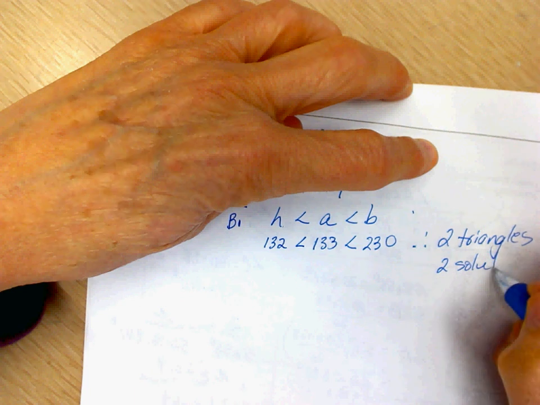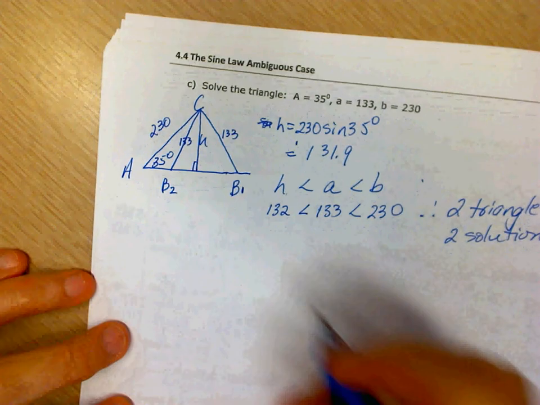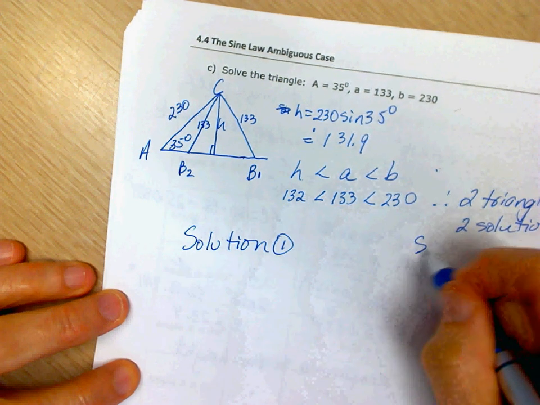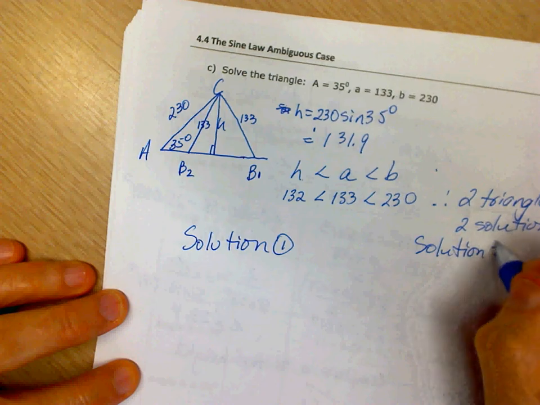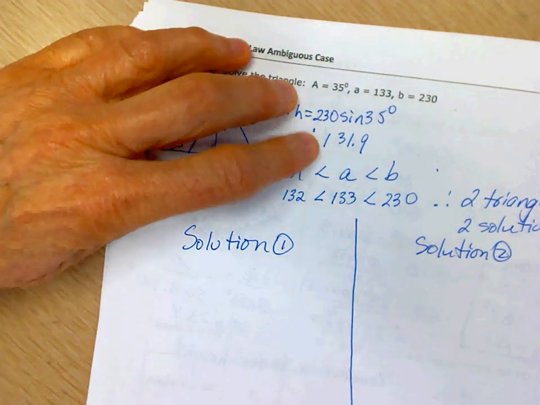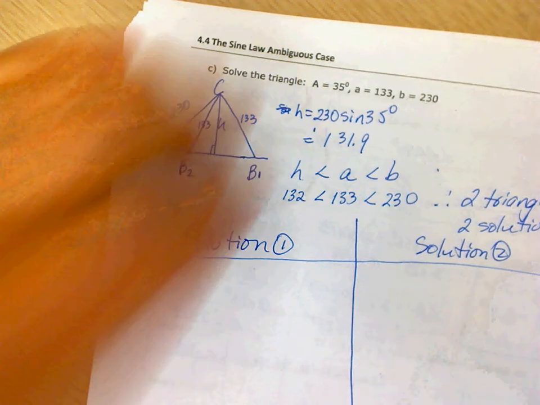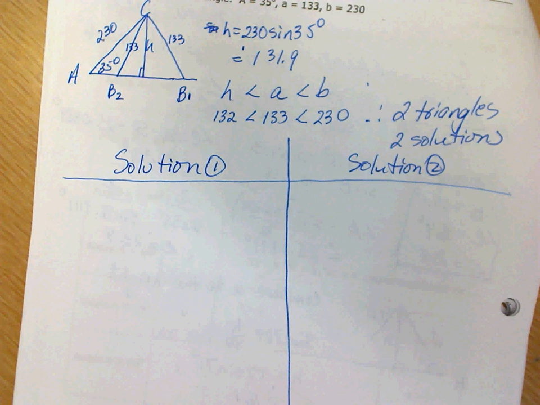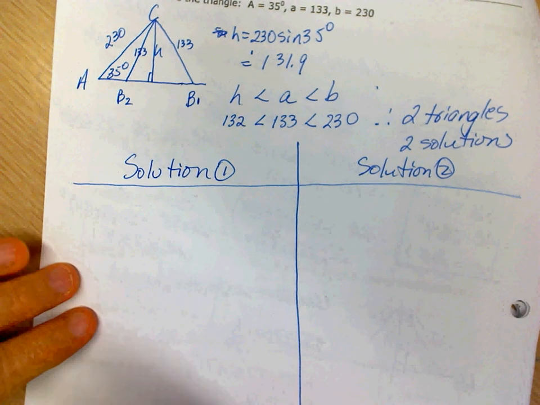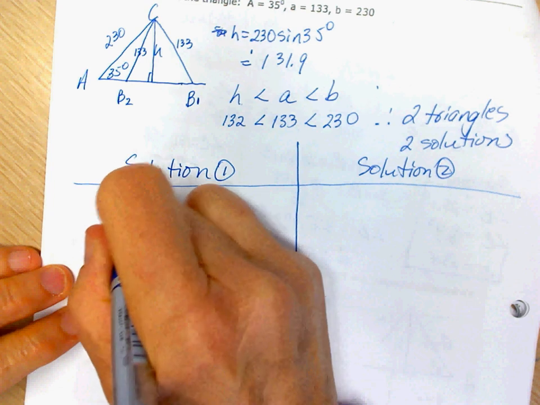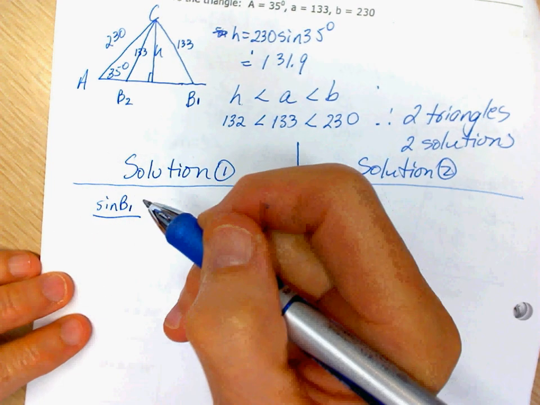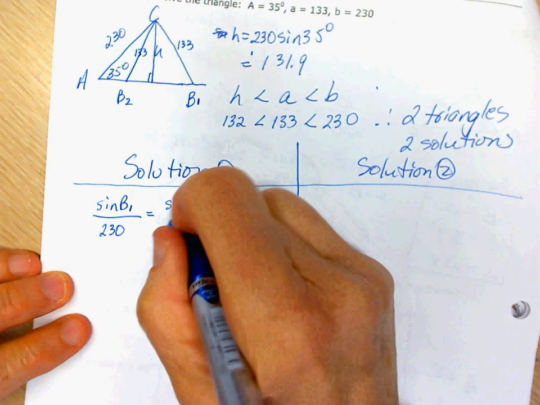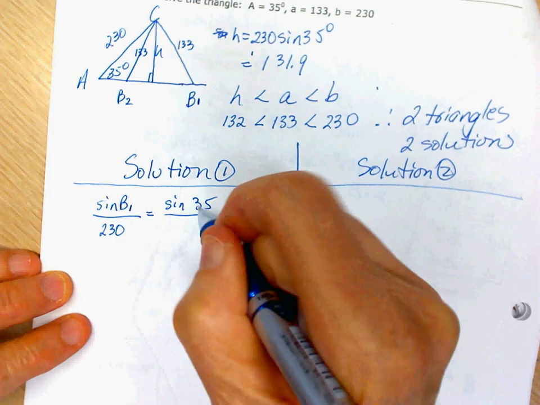So let's do it. We'll do solution 1 here and solution 2 here. Solution 1: sine B1 over 230 is equal to sine of 35 over 133. Notice I'm working with the big triangle here.